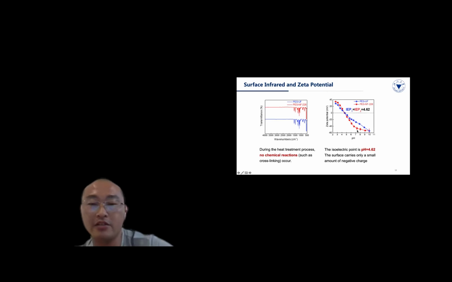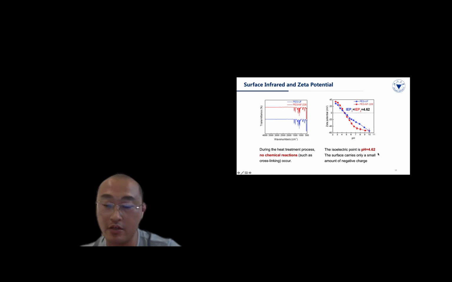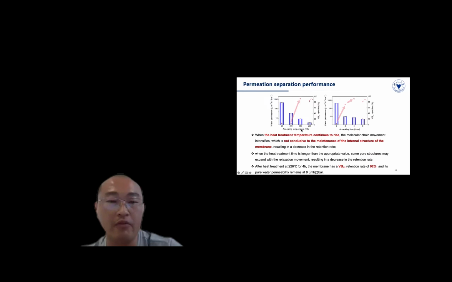After this, the isoelectric point is also without any change, at 4.622. Here we can see the performance: with increased temperature, the water permeance decreased and the rejection increased from 0 to 19.2, for solutes of 1,302 Da.